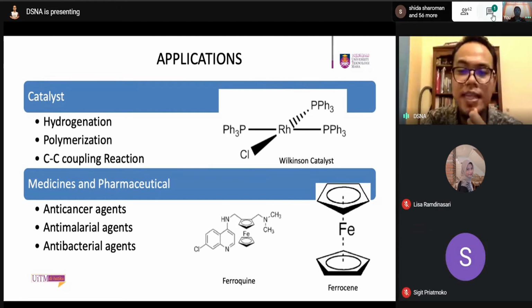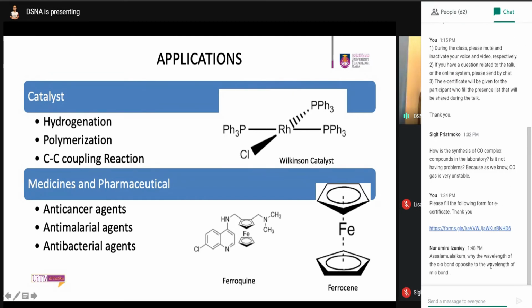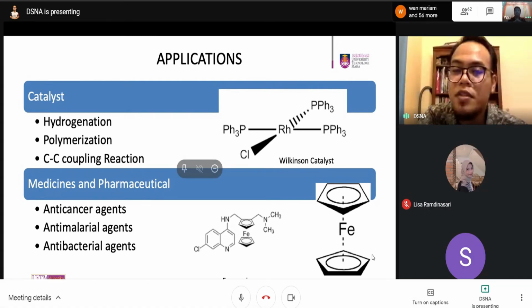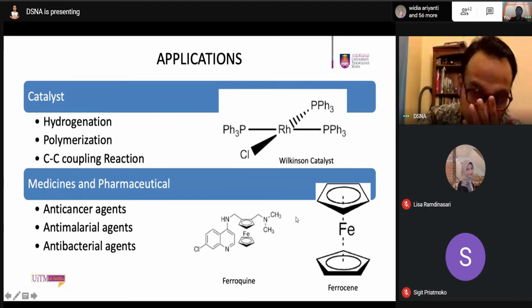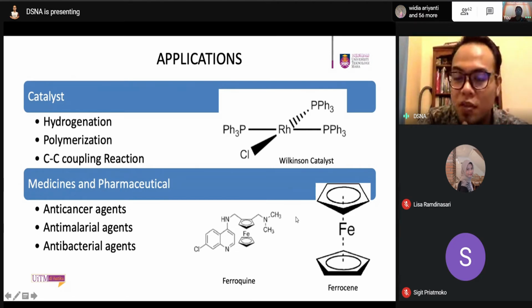So this is Wilkinson catalyst. I would say the most popular catalyst in organometallic catalysis. We have rhodium here and PH3, and this is phosphine. Now again, you might be asking, we don't see any metal to carbon bond, but this is still considered as an organometallic compound.